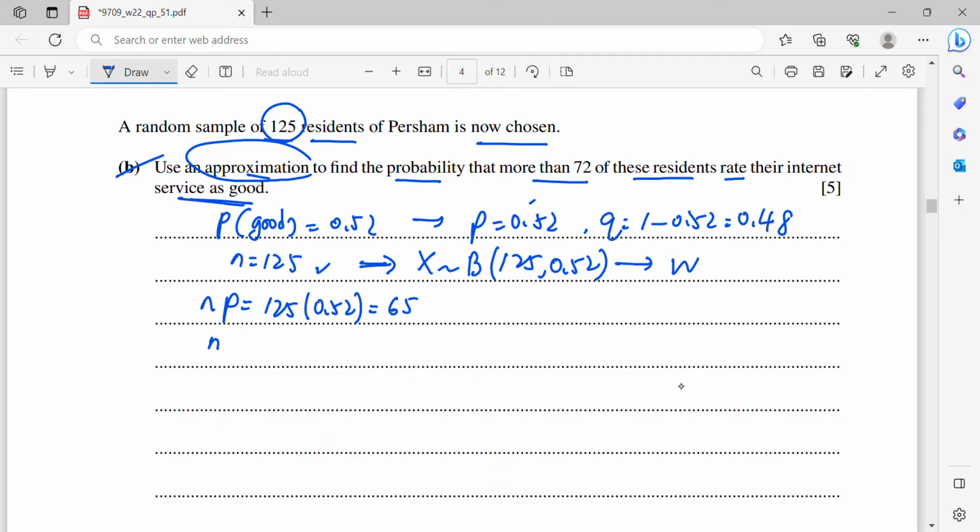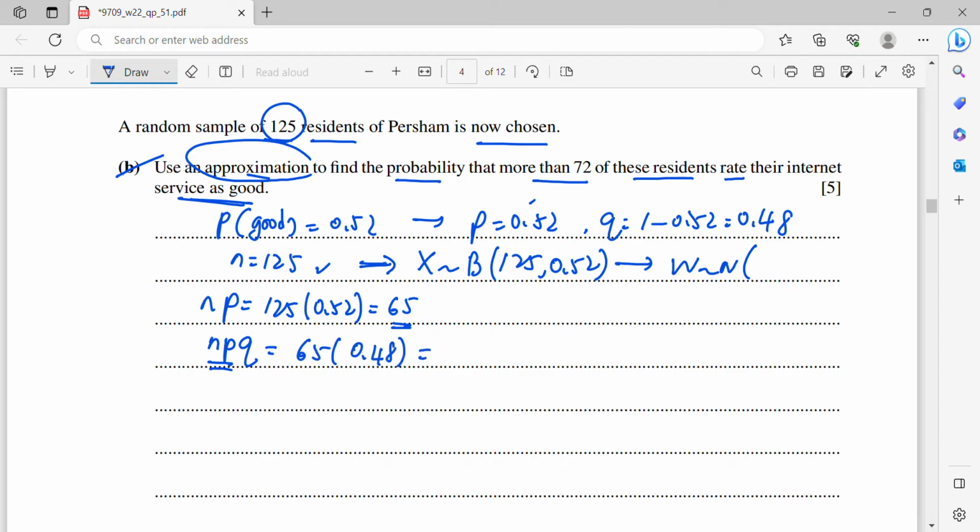When normal, I use W as the random variable instead of X. For the normal random variable, the distribution will have np as the mean and npq as the variance. So now I need to calculate npq. Since np is already 65, I just need to multiply 65 by q, which is 0.48.